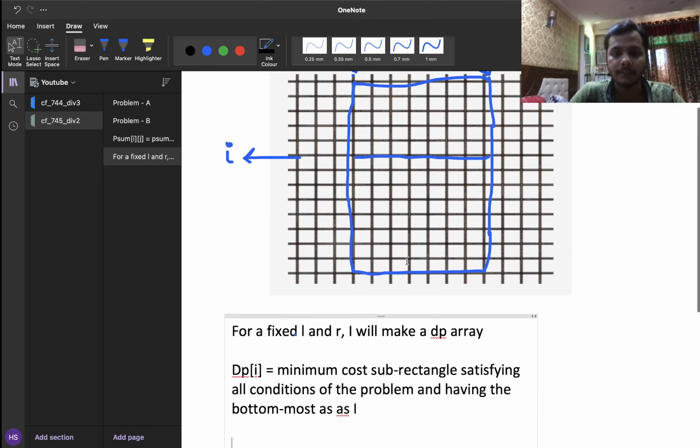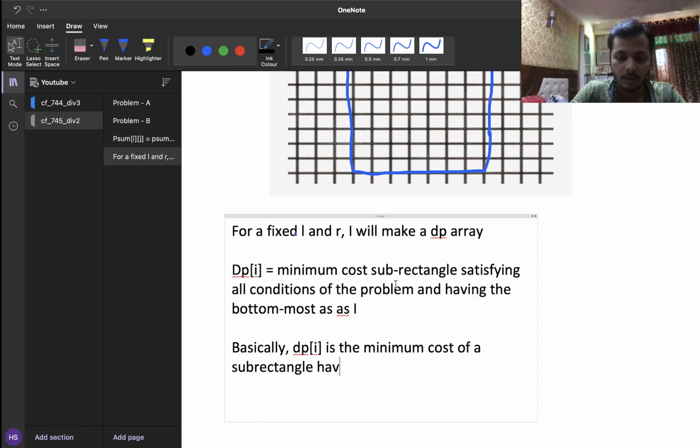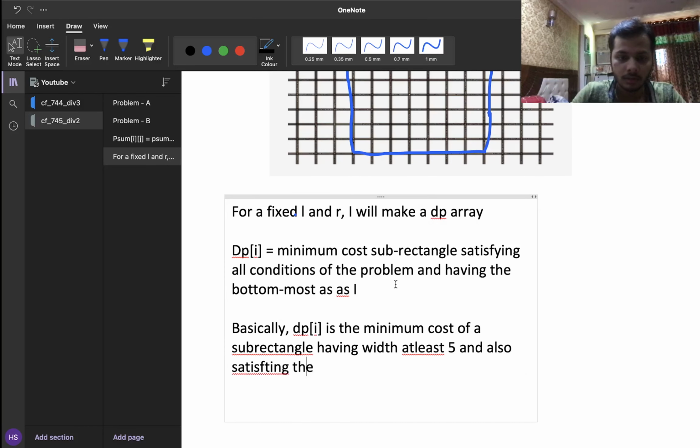So let's see. Basically dp of I is the minimum cost of a subrectangle having width at least 5 and also satisfying the other conditions in the problem, with base row I, right?